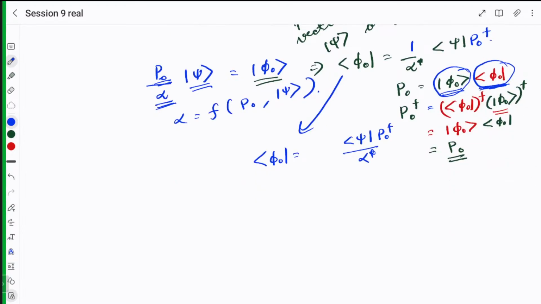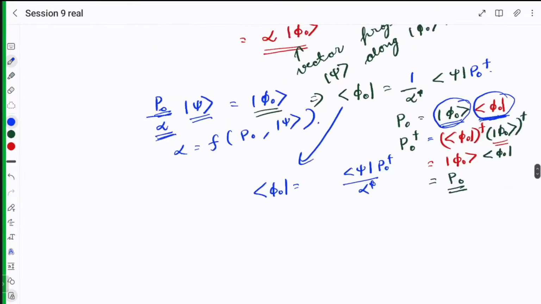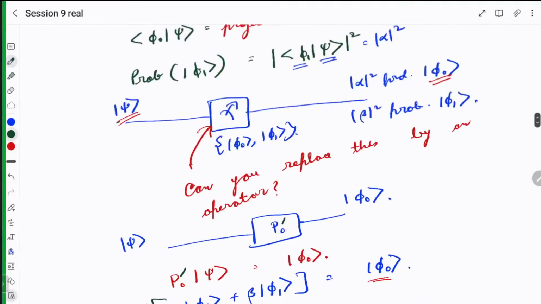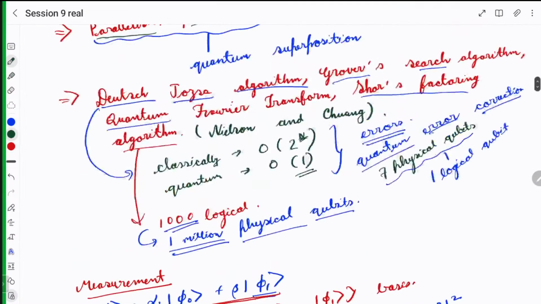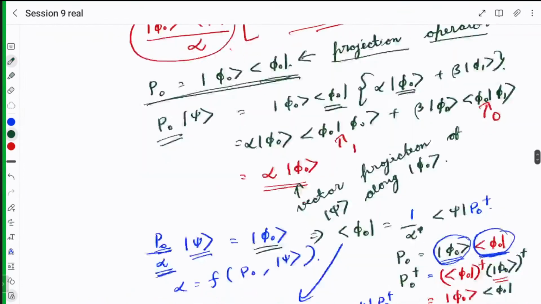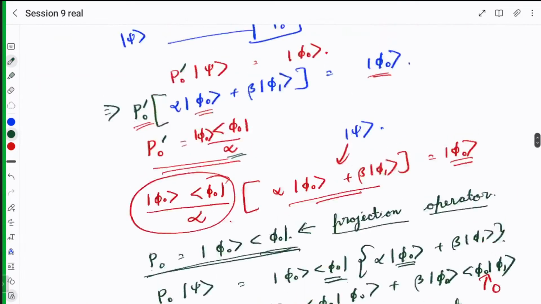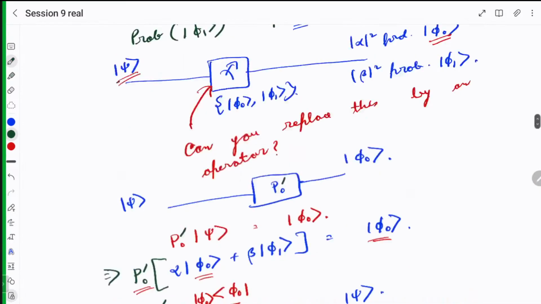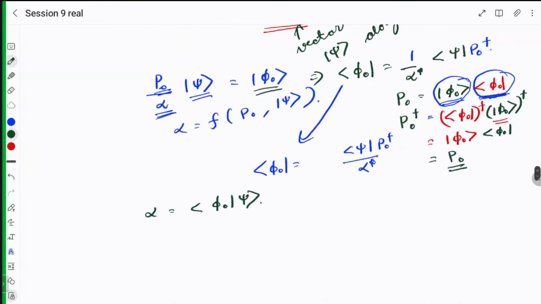Now, alpha you can also represent like this: bra phi naught ket psi. Because you see, this is what we took as the projection while calculating the probabilities. For example, here bra phi naught ket psi was nothing but alpha. So alpha can be written like this.